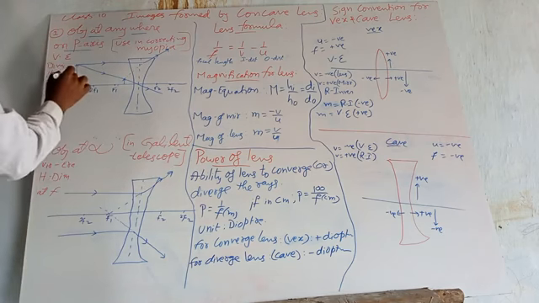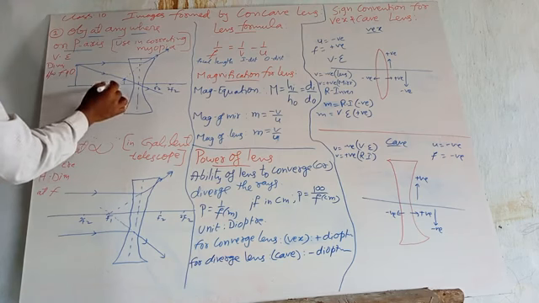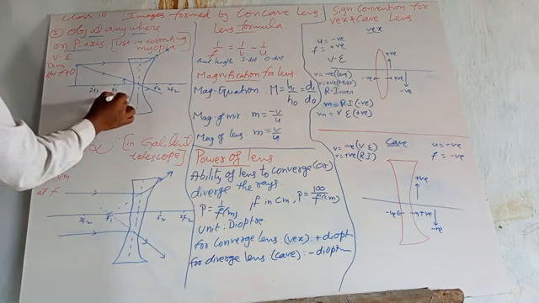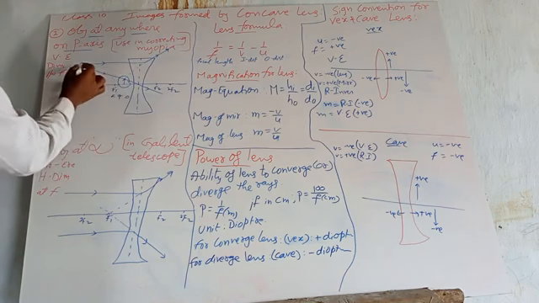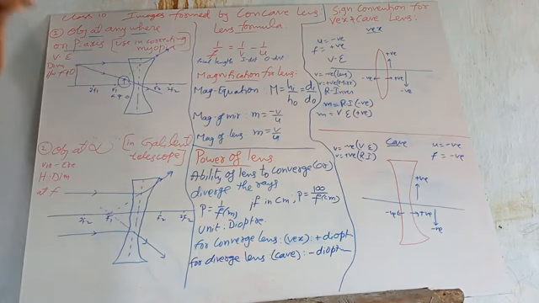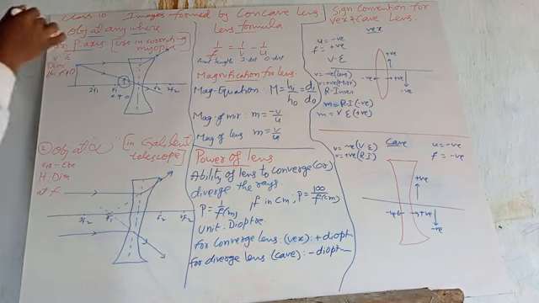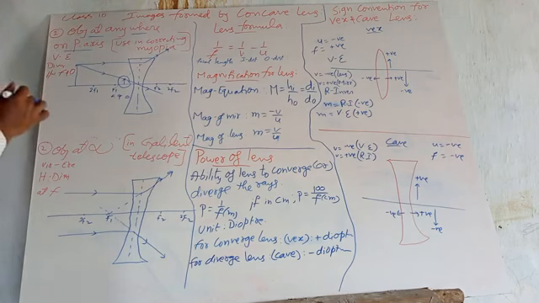When the object is anywhere on the principal axis, it will compulsorily form its image between f and o. Look here, between f and o. This is the parallel line, this is the center line. The center line cannot deviate, the parallel line compulsorily should deviate, and it will appear to deviate near the focus, to the focus.